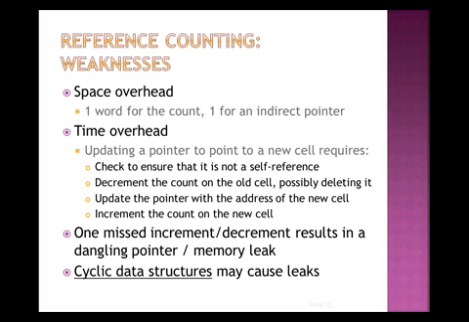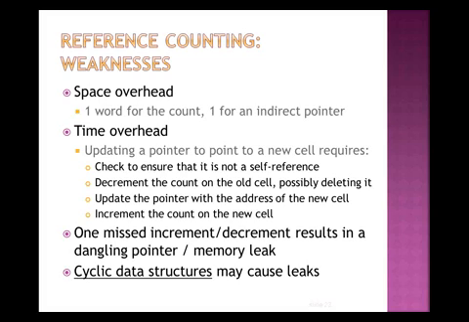Next are the strengths of reference counting, one of the garbage collection algorithms. First of all, it has an incremental overhead. Then it is relatively easy to implement. It can coexist with manual memory management. As I told you, GC is an automatic way to manage memory, so it can be used together with manual memory management also.